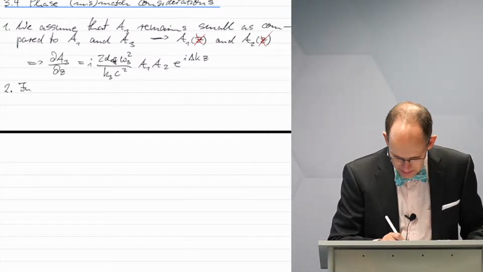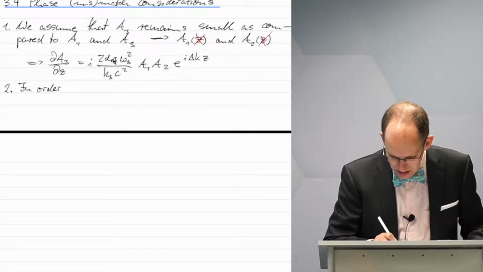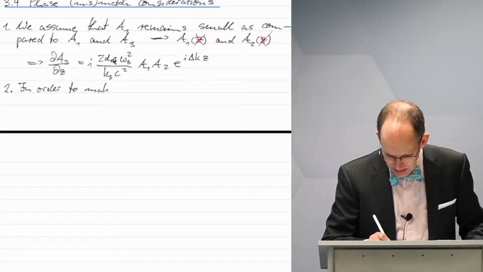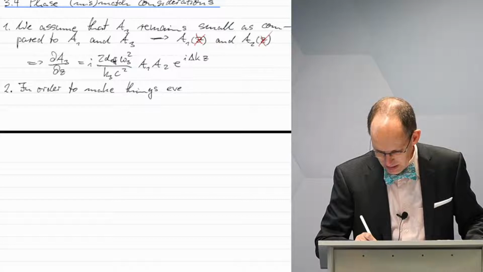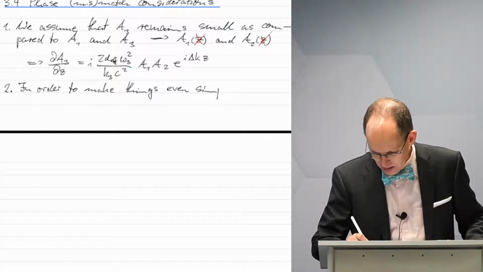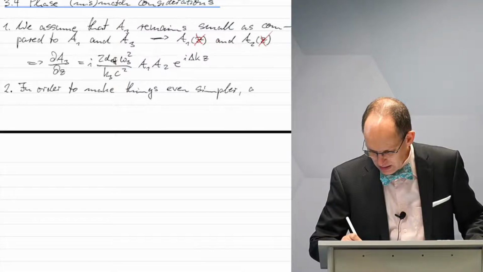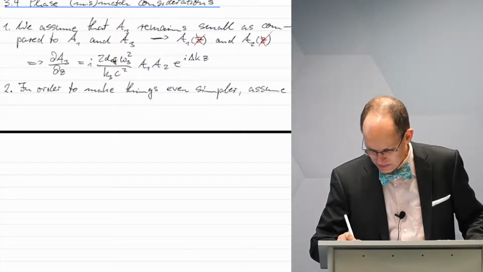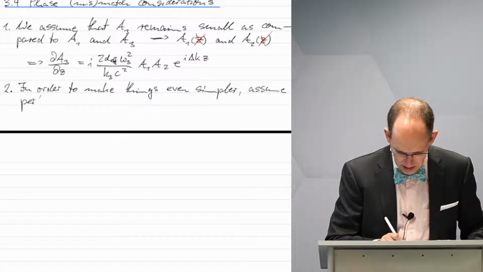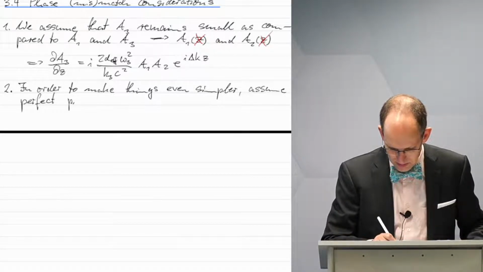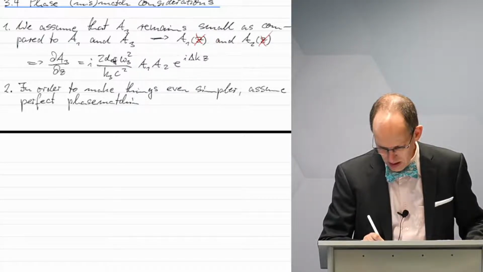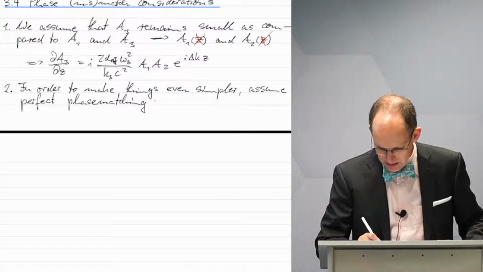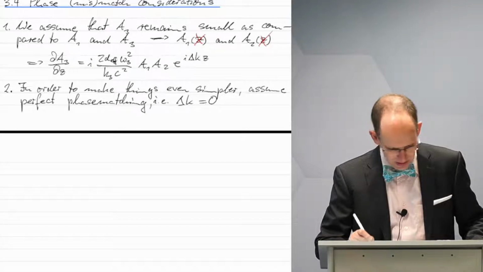In order to make things even simpler, assume perfect phase matching, which means that delta K is equal to 0.